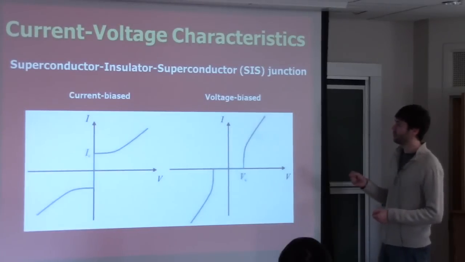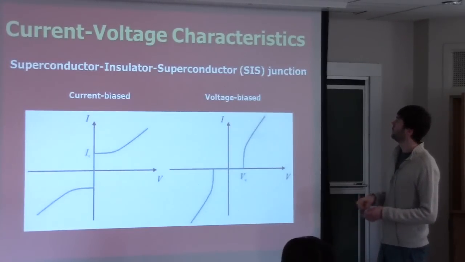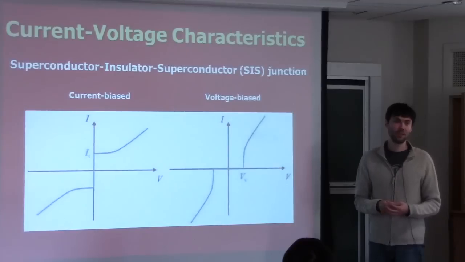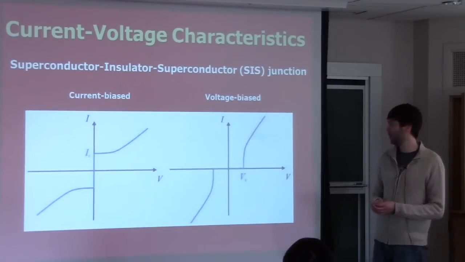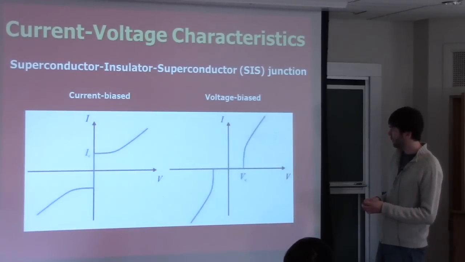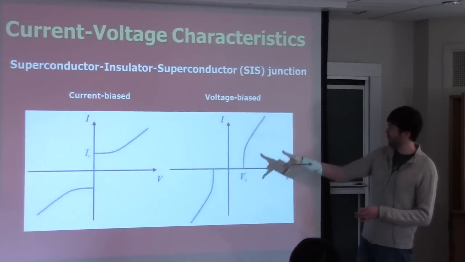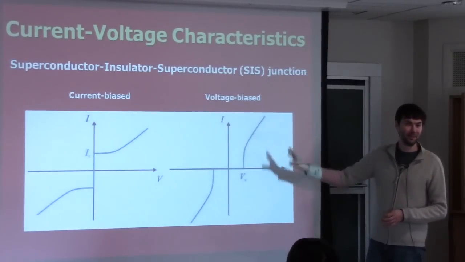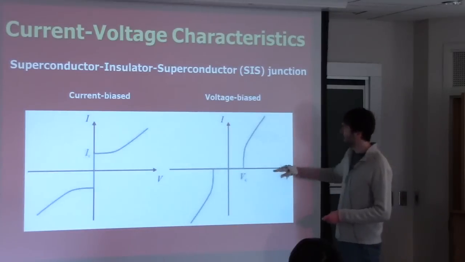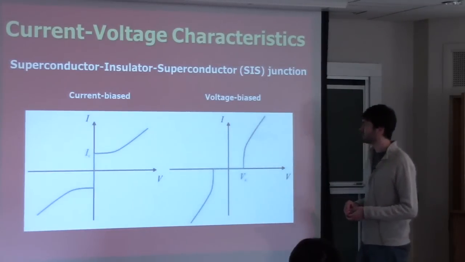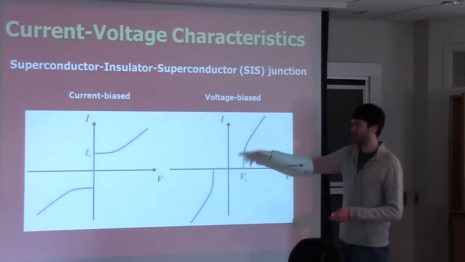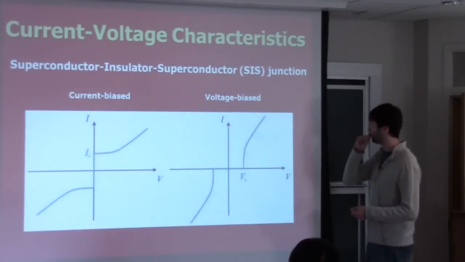So here are two examples. Actually, you can obtain both of these in the same device, even though they look very different. Shape-wise, it just looks like you've rotated it, but it has a very different meaning, because now the axes are current and voltage, and this flat part is somehow flipped.